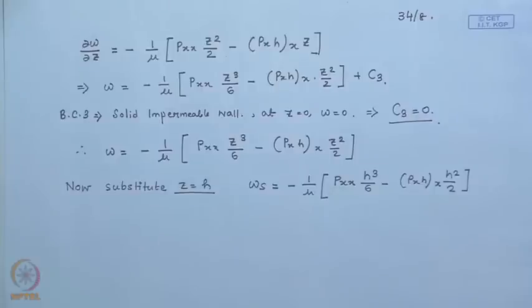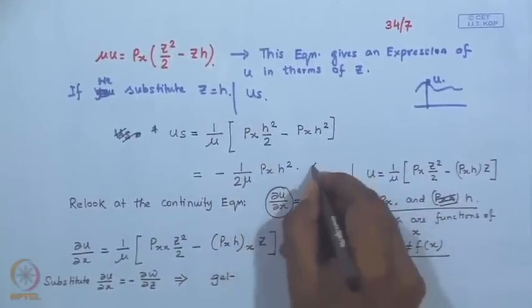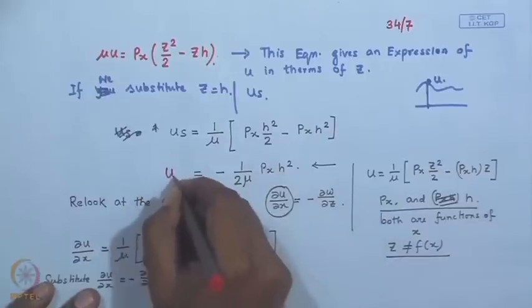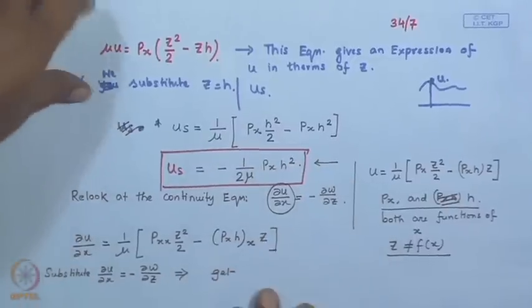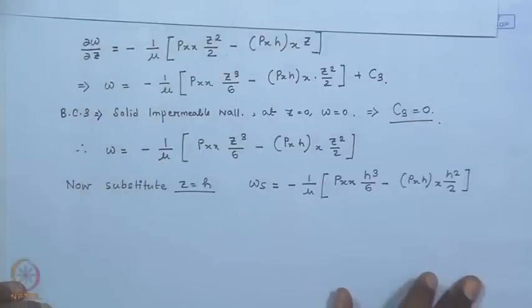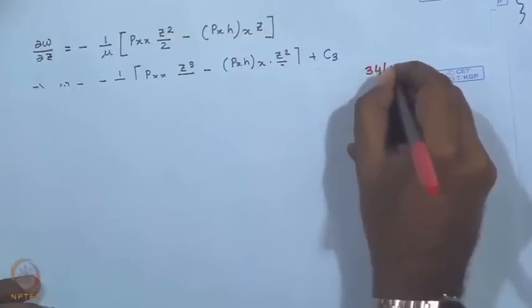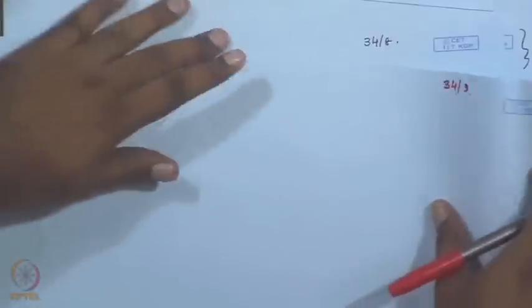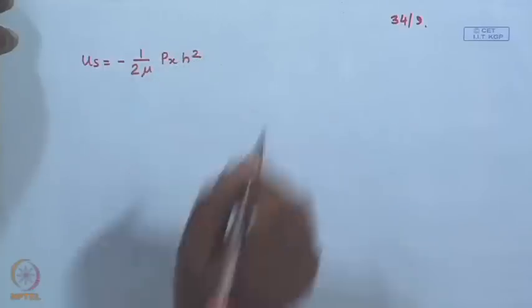So, from the previous expression we got, we have an expression now of us in terms of h, and we also have an expression for ws now.